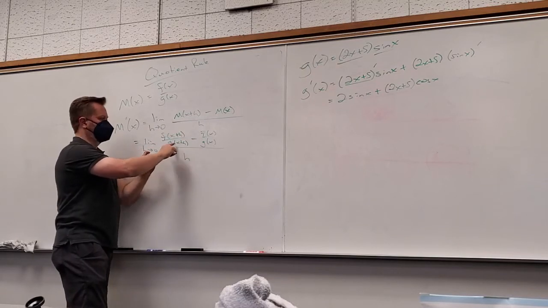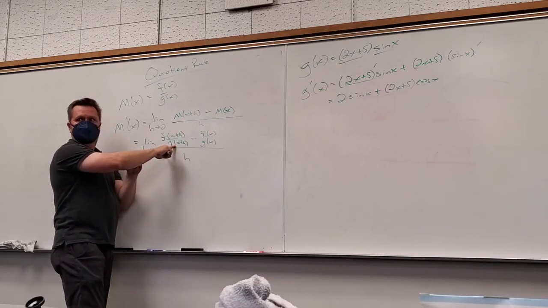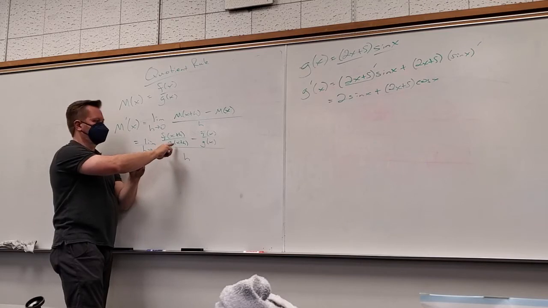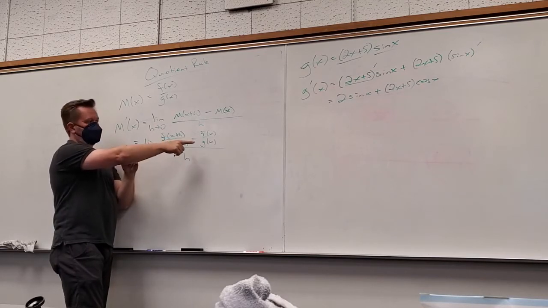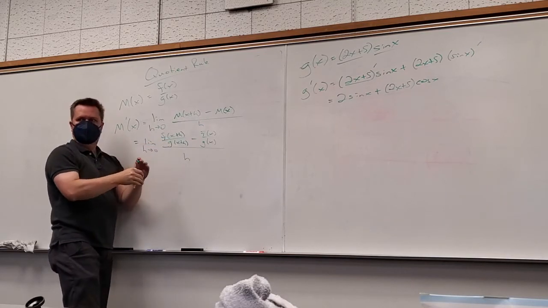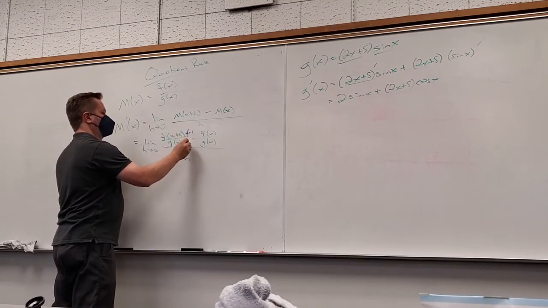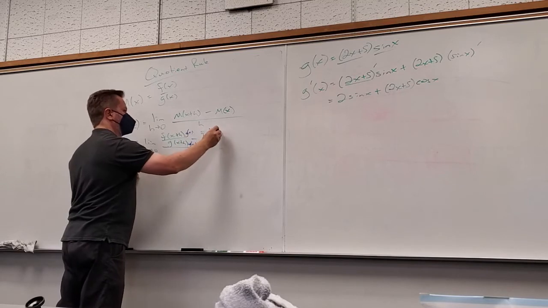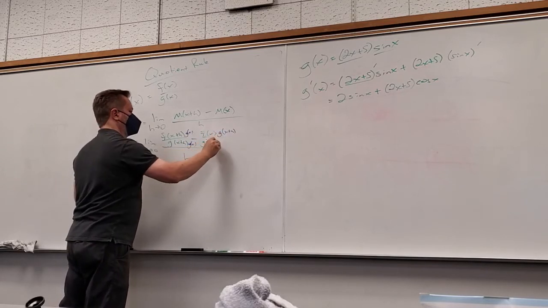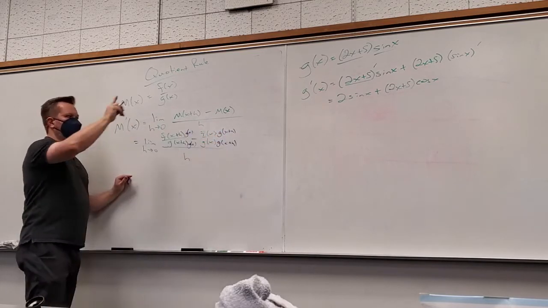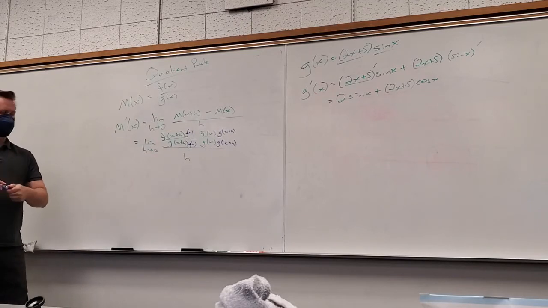Multiply the right one by what? g of x plus h. What does this guy need? That he's got. g of x. I like it. So times g of x, times g of x. And what does he need? g of x plus h. Now they have the same denominator.